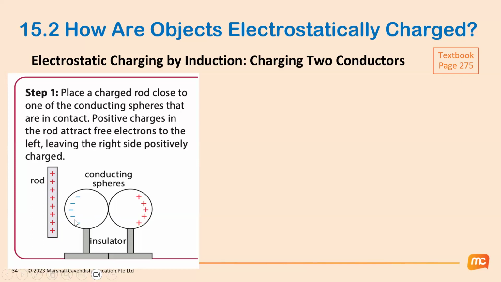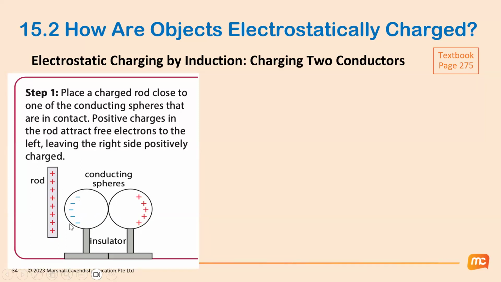So all the negative charge will be moved to here. This side of the sphere will become more negatively charged, while the right side of the sphere will have fewer electrons, so it will become positively charged. We say that the left side is induced with a negative charge, the word induced because it comes about from the positively charged rod that is placed close to it.